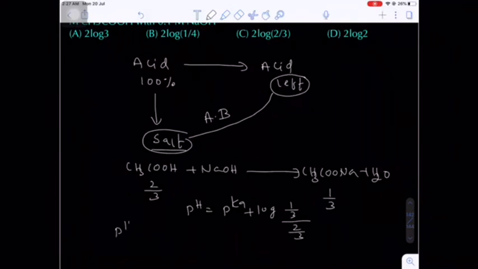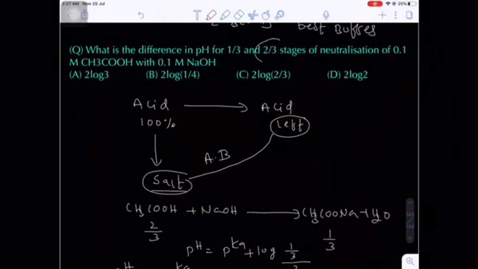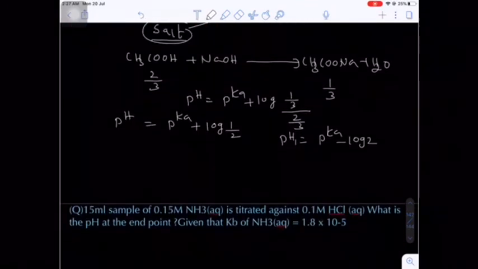Yes or no? Now what is the pH of the solution? pH is equal to pKa plus log of salt concentration by acid concentration. So pH is equal to pKa plus log of 1/2. Are you getting my point? That means pH is equal to pKa minus log 2.